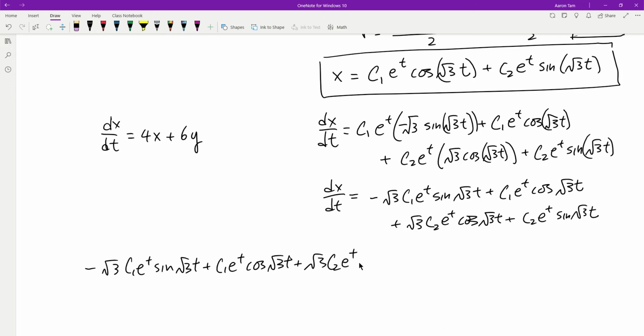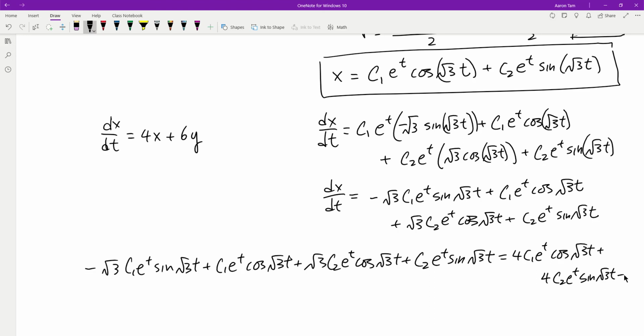It is equal to 4 c1 e^t cosine radical 3t plus 4 c2 e^t sine radical 3t plus 6y.